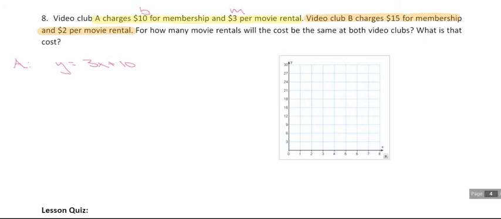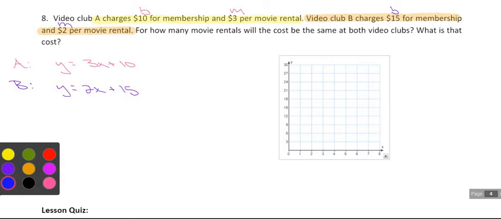Video Club B is $15 for membership, so the upfront cost is 15, and its slope, m, is $2 per movie rental. So y equals 2x plus 15. And it's $2 per movie rental, so the slope is multiplying by number of movies, which is our x.